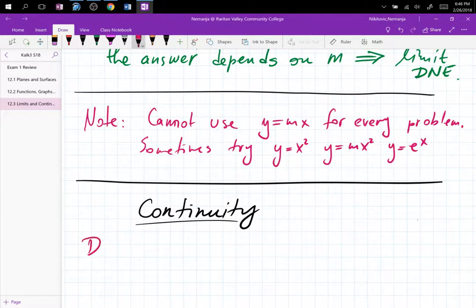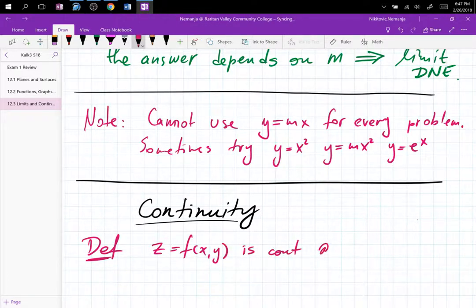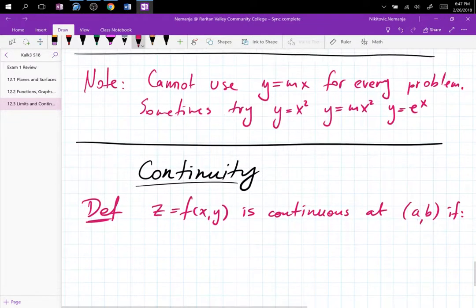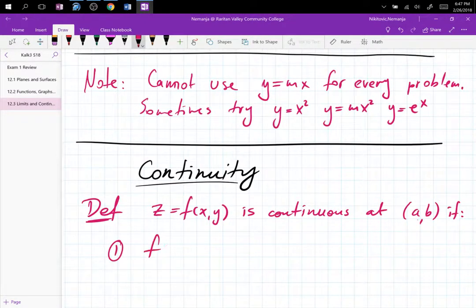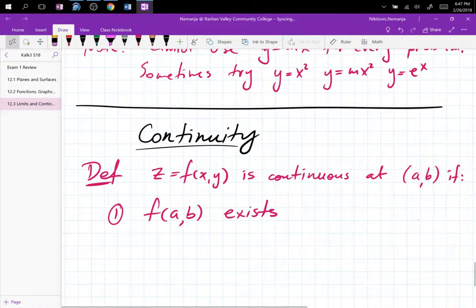Definition: z equals f of (x, y) is continuous at (a, b) if, and here are the three things. Number one, f of (a, b) exists. This is pre-calculus. You plug in the numbers, and if you get a number out, pass.